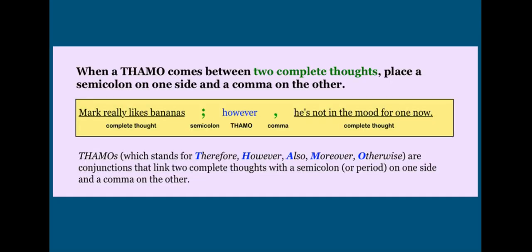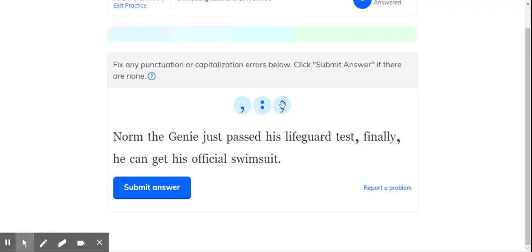Because we have 2 complete sentences and one THAMO in the middle, we are going to use a semicolon. I'm going to put a semicolon here and submit the answer.